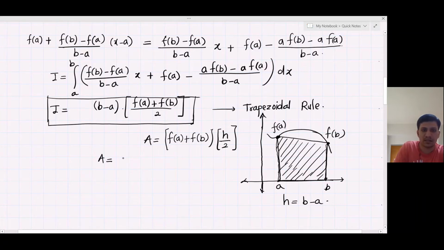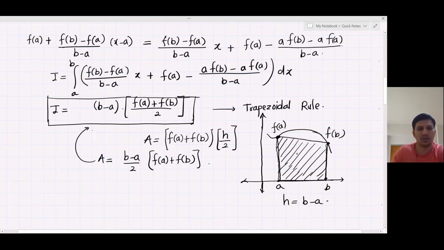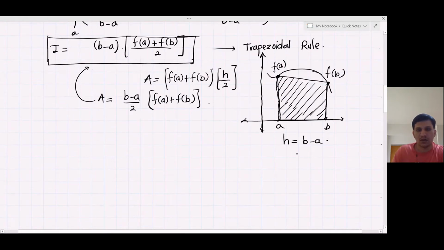So we can write this area as b minus a by 2 into f of a plus f of b. So we can get this formula directly by using the area of the trapezoid. That's why this is called the trapezoidal rule.